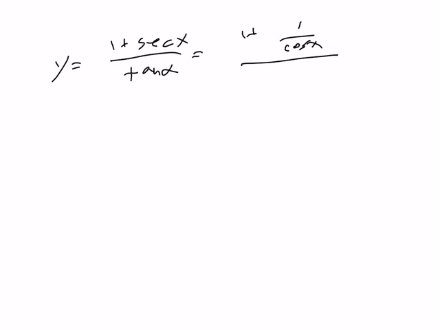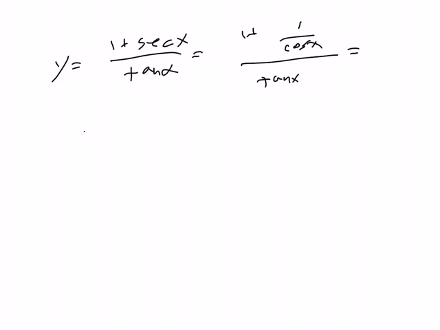So now problem 12 gives us y is equal to 1 plus secant x over tan x, which is equal to 1 plus 1 over cosine x over tan x.